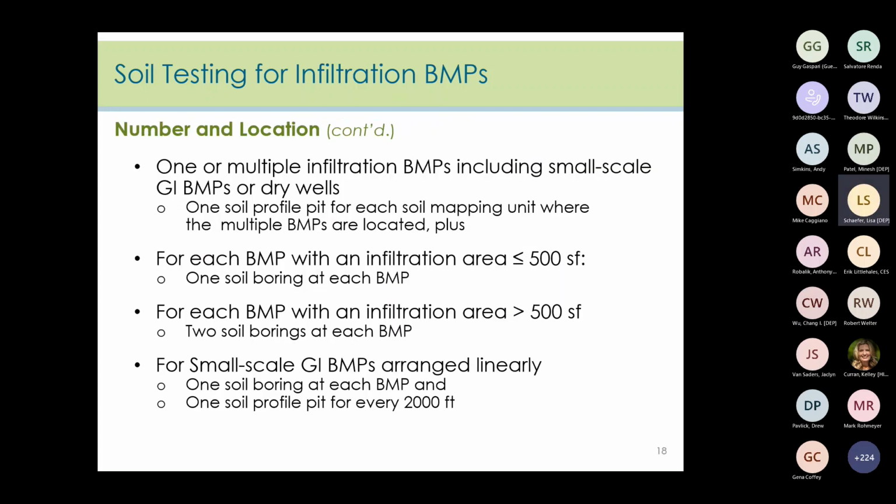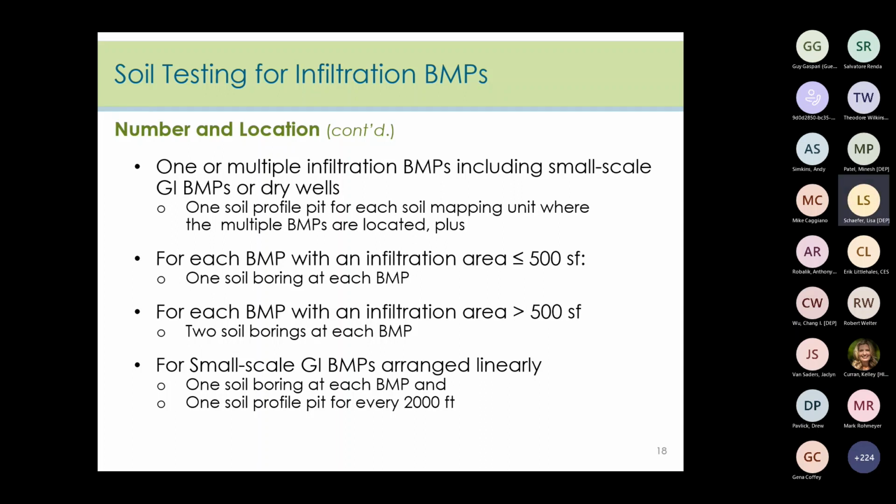All right, now let's talk about when we have small scale infiltration BMPs. So when we have 1 or more infiltration BMPs that are the small scale GI or dry wells, we need 1 soil profile pit for each soil mapping unit where the multiple BMPs are located, plus for each BMP with an infiltration area less than or equal to 500 square feet, we're going to need 1 soil boring at each BMP.